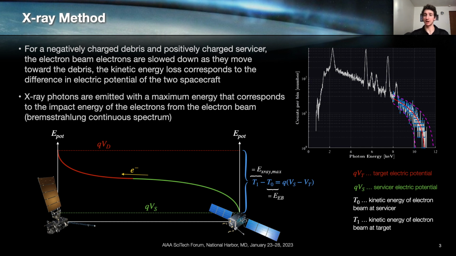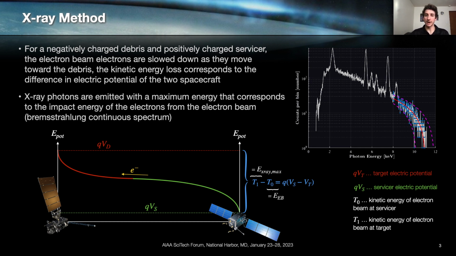So that means if you are able to measure the electric potential of your own spacecraft, and you know the initial energy of the electron beam, which corresponds to the operating energy of the electron gun, and if you're able to measure the landing energy of the electrons as they arrive at the target, you're able to infer the electric potential of the target.